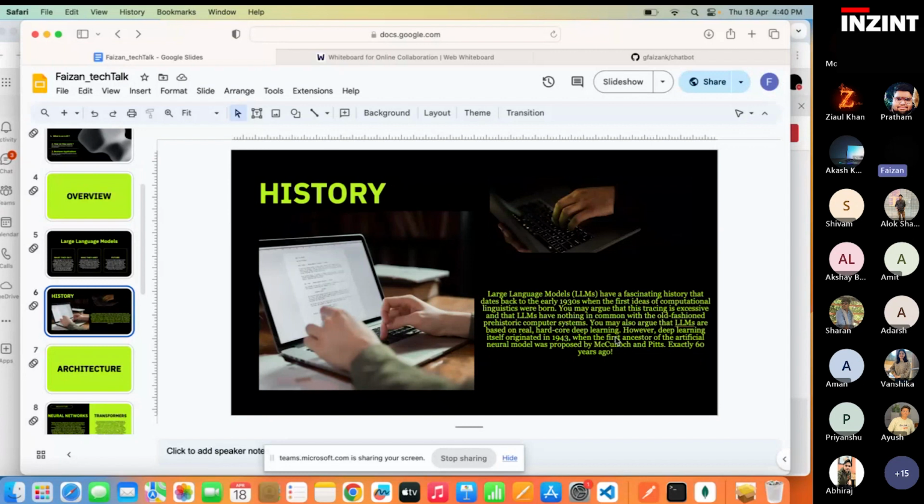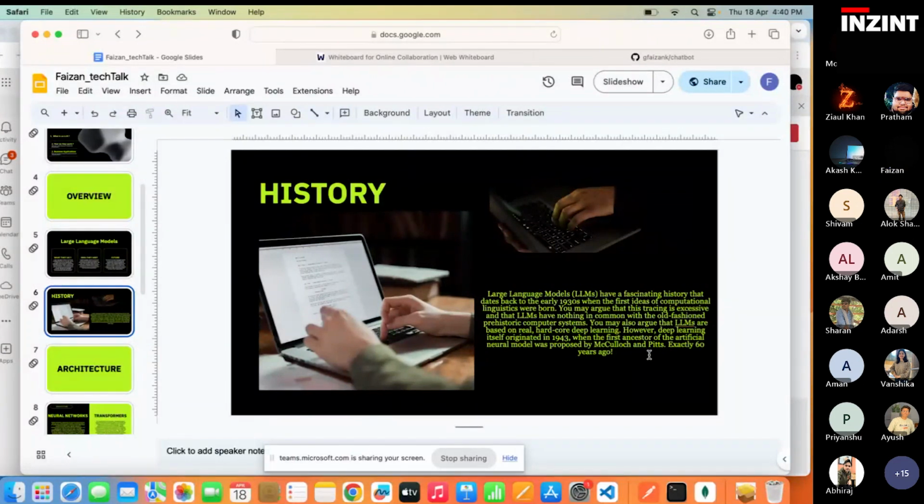However, deep learning itself originated in 1943, when the first ancestor of the artificial neural model was proposed by McCulloch and Pitts. These were the brains behind this whole idea, and this was exactly 60 years ago from today.